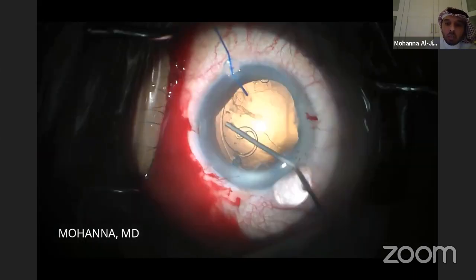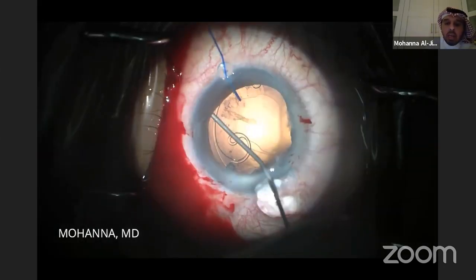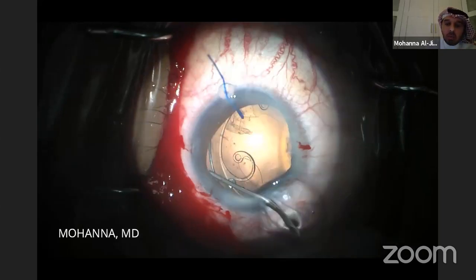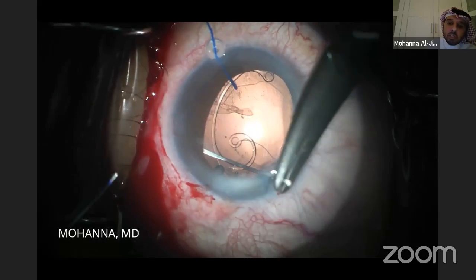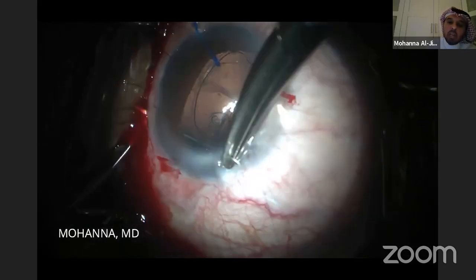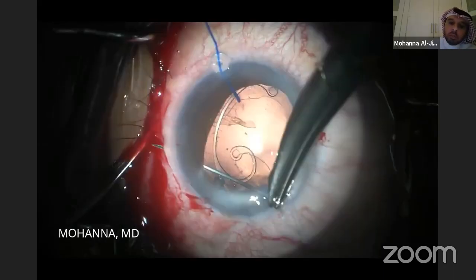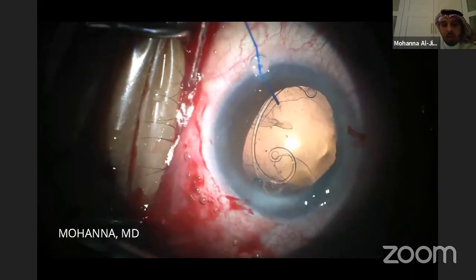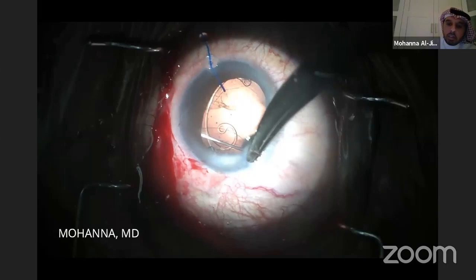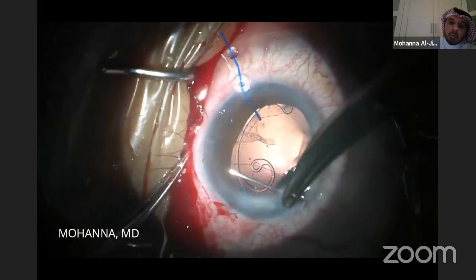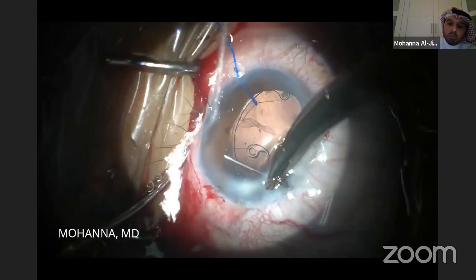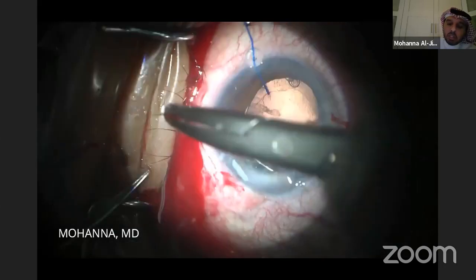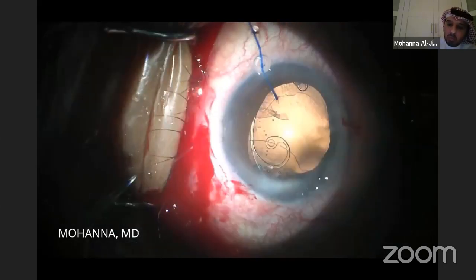And then I used a cohesive viscoelastic to separate the area between the anterior capsule and the iris. Here I used an ab interno technique with a long curved needle going 2 millimeters away from the limbus. This is the leading arm, and then the trailing arm, also 2 millimeters away from the limbus, separated from the first by 1.5 to 2 millimeters.